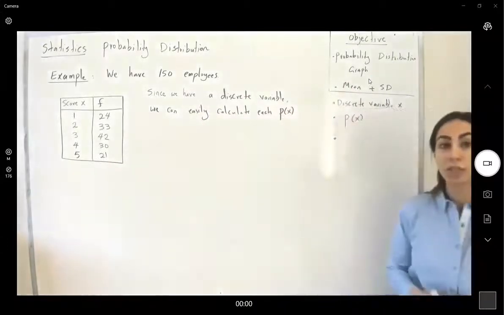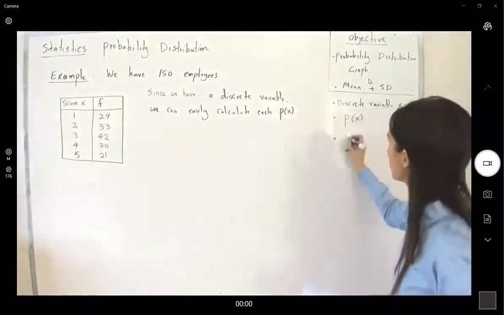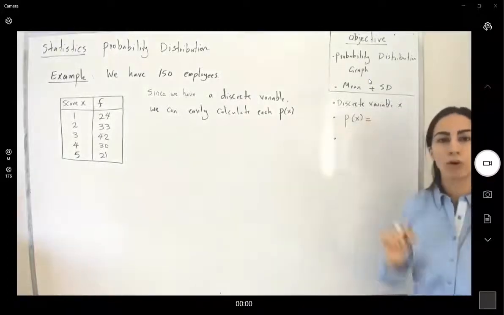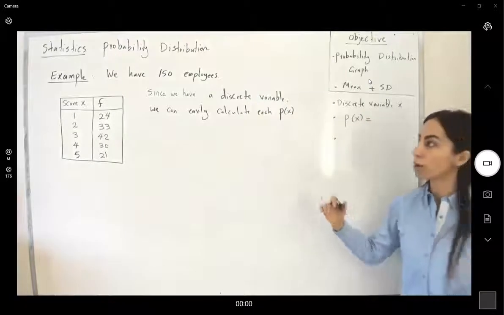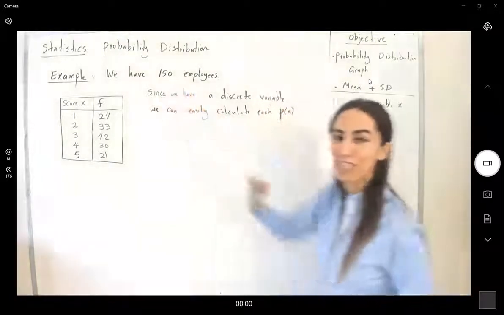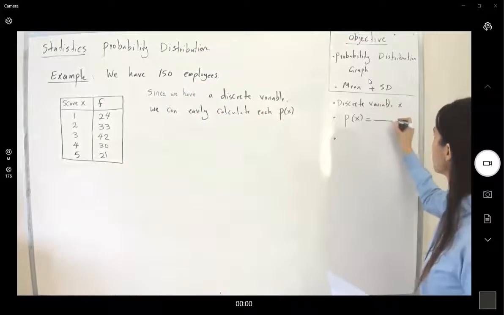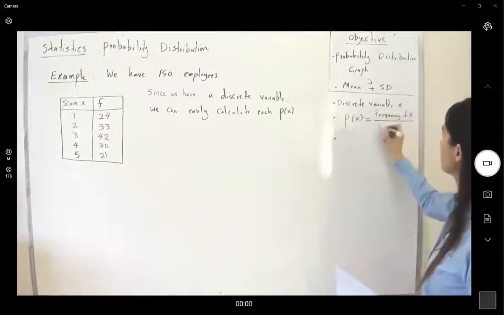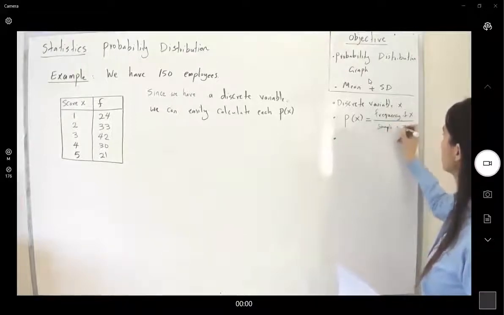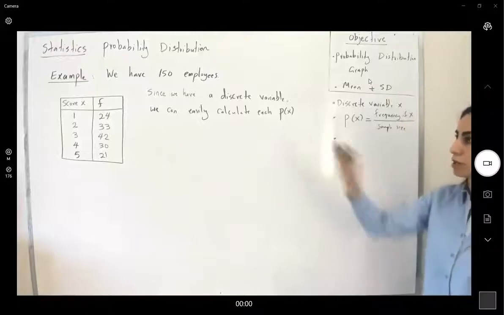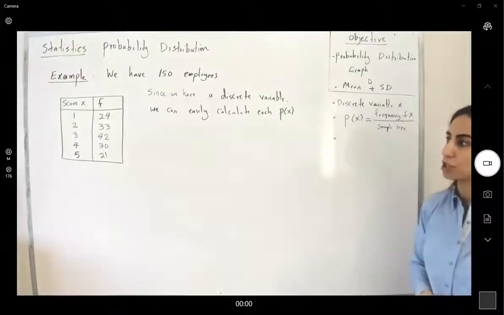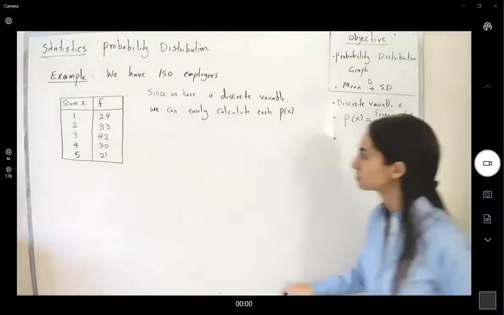So how do we calculate the probability? The probability of x is equal to the frequency of x divided by the sample size. Perfect. So let us find the probability for each of these x values.